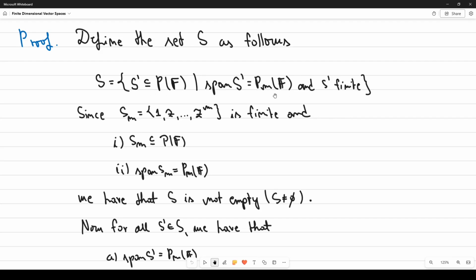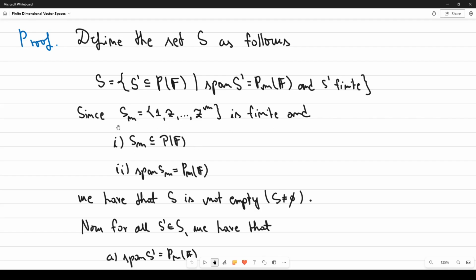This is the set specifically of all polynomials of degree m. So the only elements in S are these collections of polynomials such that the span of that collection is equal to the set of all polynomials of degree m, and we ask of the elements to be finite collections. And now, for example, this given set over here is finite, and this is just a collection of polynomials. So one is a polynomial, z, just the unknown variable z, is a polynomial, all the way to z to the mth.